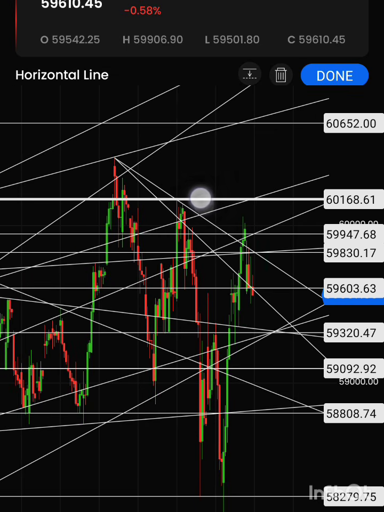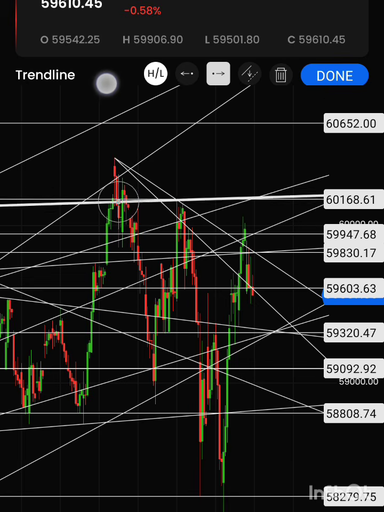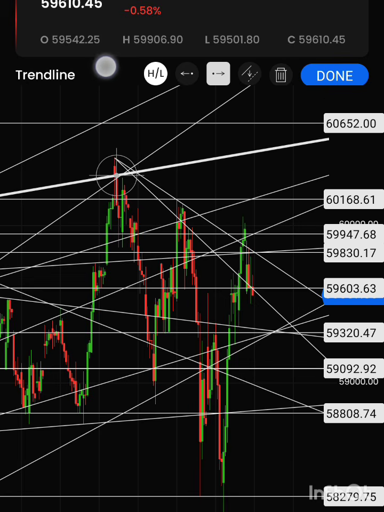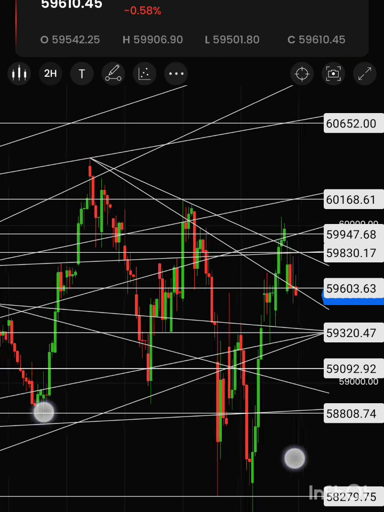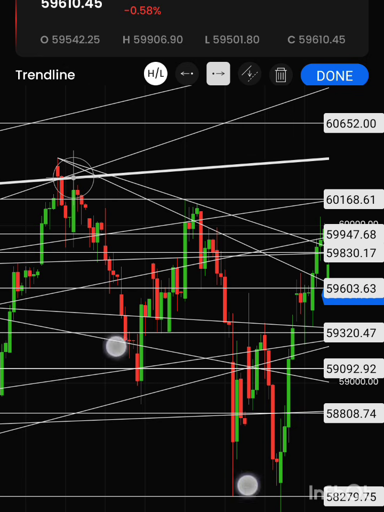Above 160, we will have a big upside movement, and this can lead towards the 60,600 range. I can do it slowly.